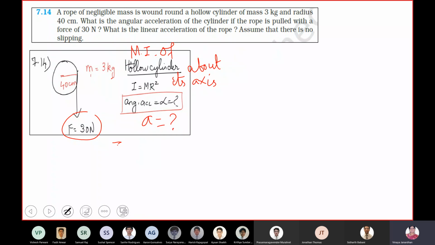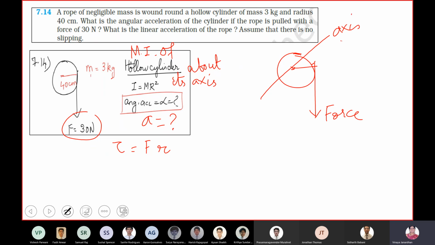Now look at this. You know, torque is equal to force into distance. Torque is a force which is going to produce rotational motion. This is your axis of rotation. So torque is a force which makes the body rotate.